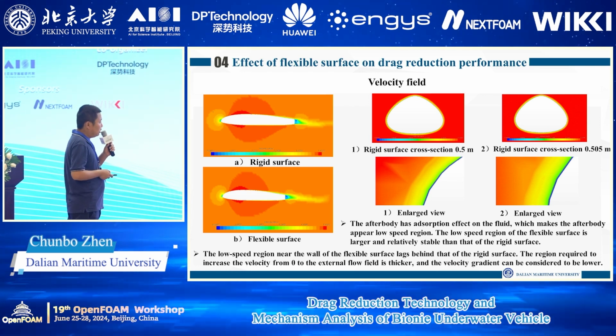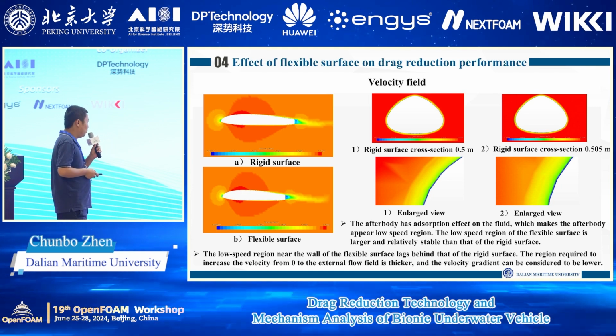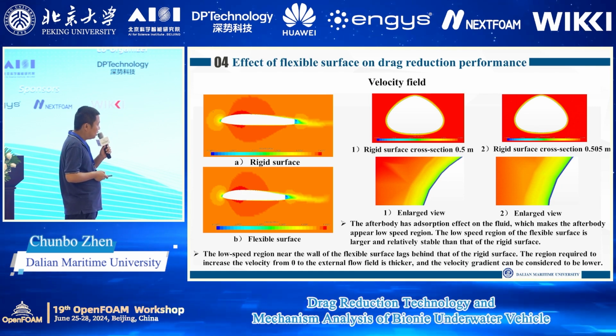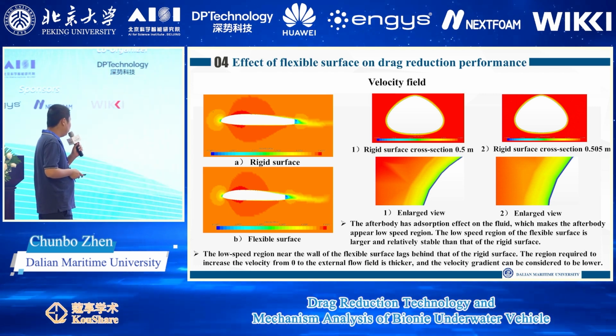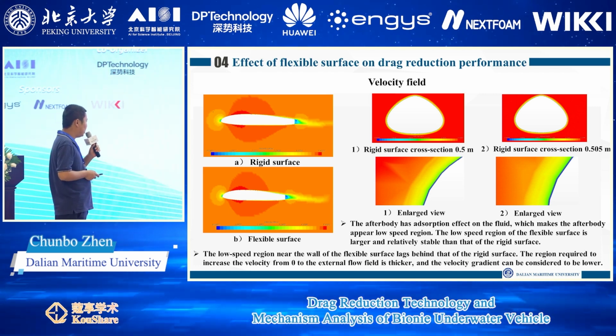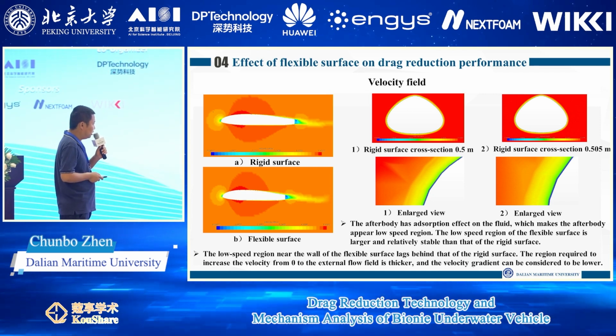The low speed region of the flexible surface is larger and relatively stable than that of the ragged surface. The low speed region near the wall of the flexible surface lags behind that of the ragged surface.